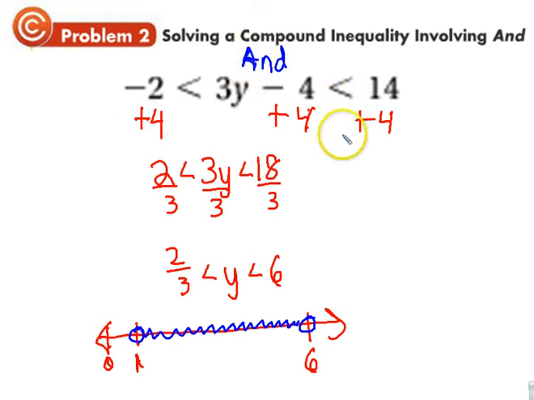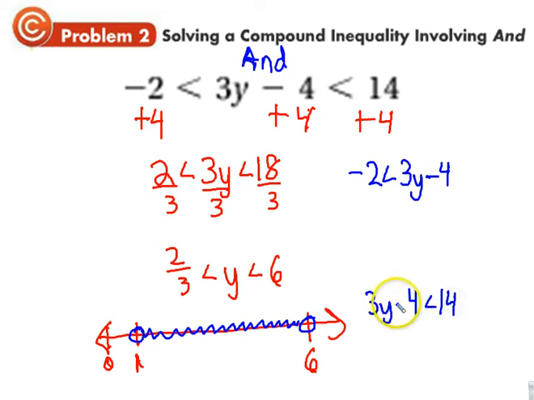Okay. Now, if you don't want to do it that way, you can always separate. So you go through the process of solving that one, and then you do this one. So we can separate the 2 inequalities. We don't have to do them together if we don't want to.